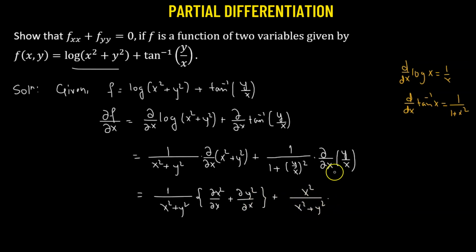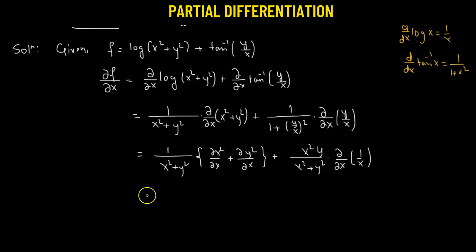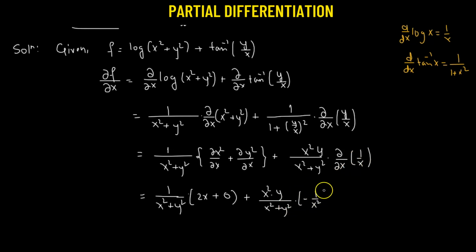Here, since we are taking the partial derivative with respect to x, y will be treated as a constant. We'll pull the y out, and we have to take partial with respect to x of 1 over x. So we now have 1 over x squared plus y squared times the partial of x squared with respect to x, which is 2x, plus partial of y squared with respect to x, which is 0, plus x squared times y divided by x squared plus y squared times partial with respect to x of 1 over x, which is negative 1 over x squared.